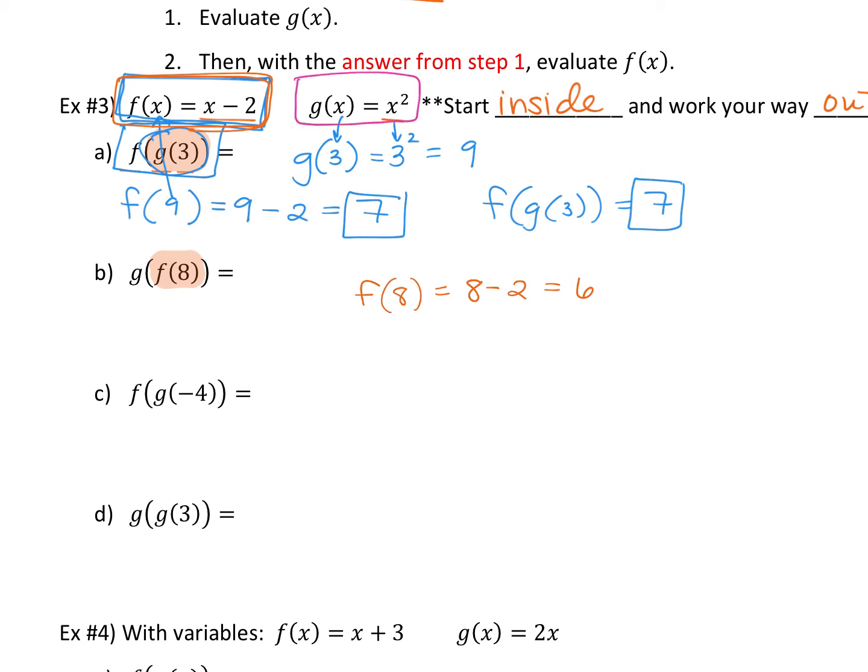Now it's g of, right? Now we do this part of it. So it's going to be g of what number? G of 6. Yep. G of 6 is 6 squared. We're just plugging it into this function, which is 36. So g of f of 8 is 36. You have to rewrite. You good? Yeah. Okay.